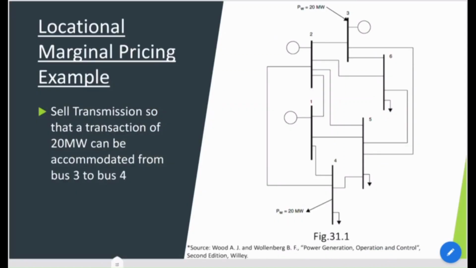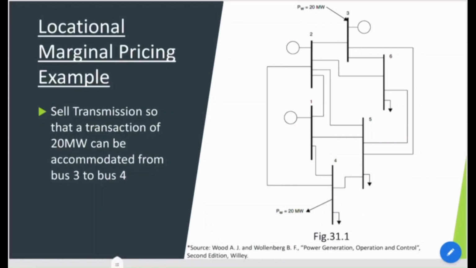Now looking at a numerical example of locational marginal pricing, we are interested in selling transmission so that a transaction of 20 megawatt can be accommodated between bus number 3 and 4. Assume that bus number 3 is Jaipur and bus number 4 is Ahmedabad.